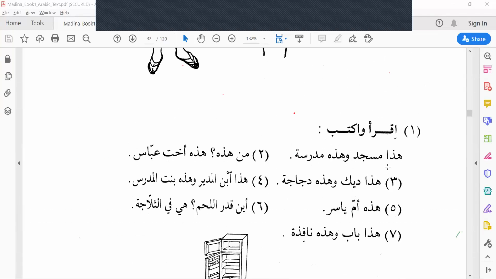It's like read and write. Hada masjidun, hadihi madrasatun. Madrasatun is school. Man hadihi, hadihi ukhtu abbasin.